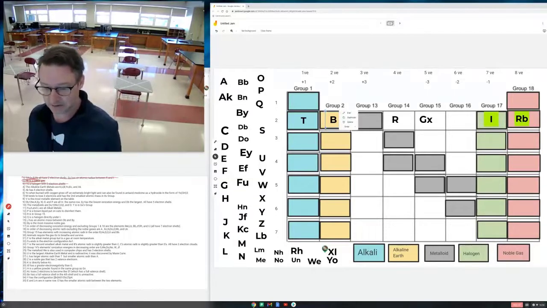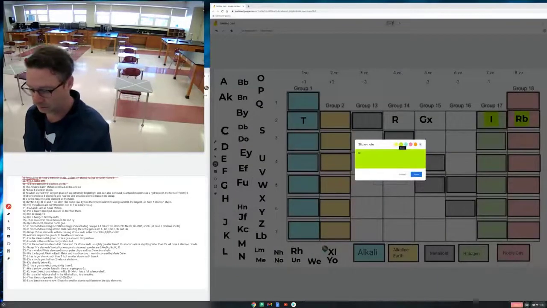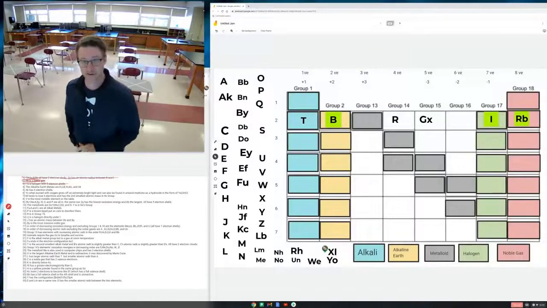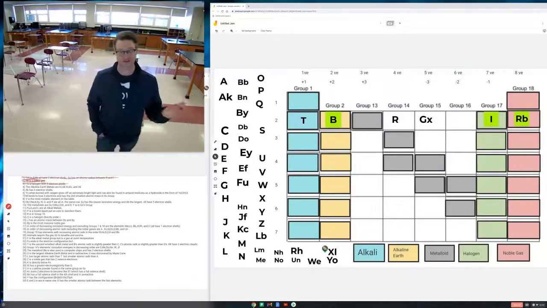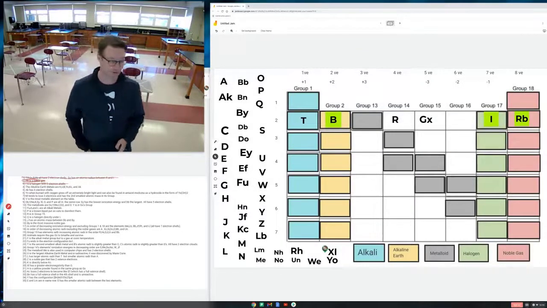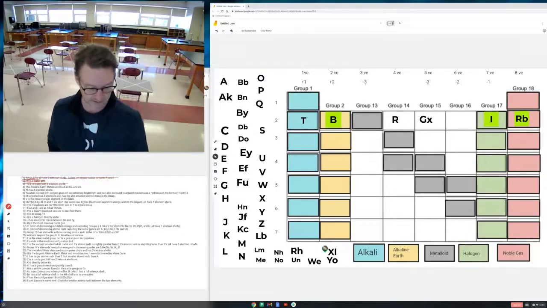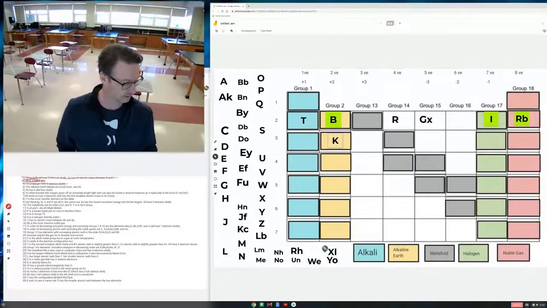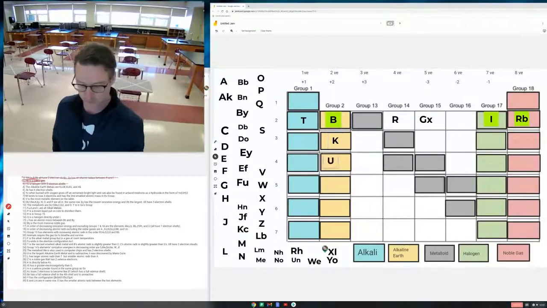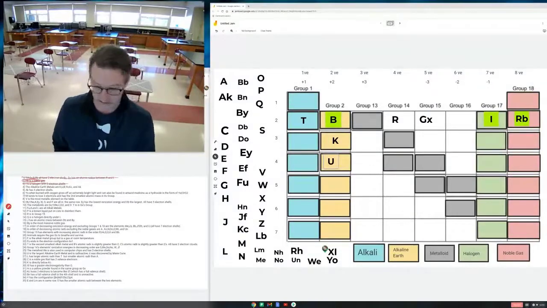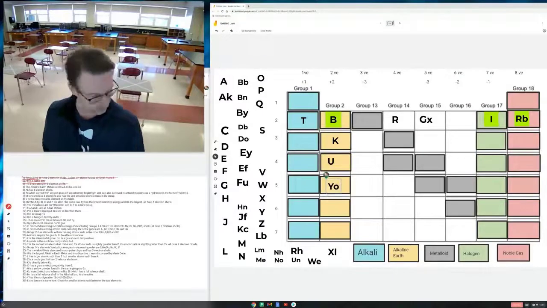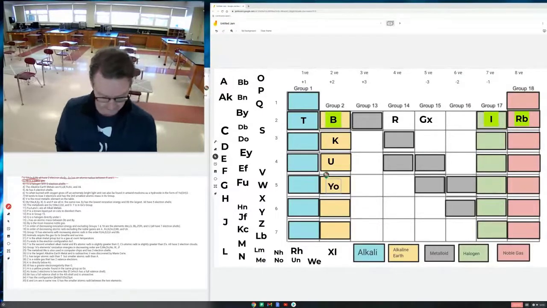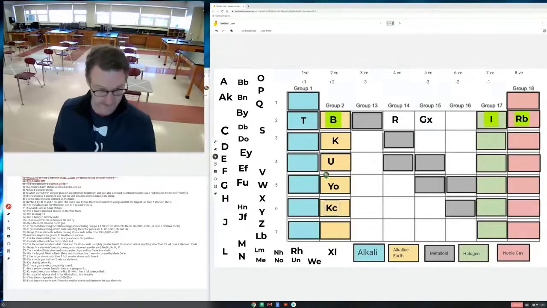That element is now locked in right there because in order to have 2 electron shells and be an alkaline earth metal, there's nowhere else it can go. All right, so then the other elements that we have to get in here are K, and I'm just putting these in the order that they're listed so far: U, B, which we have, YO, KC, and AK.